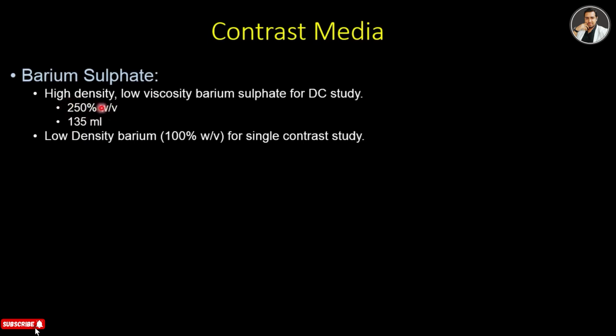Then it will make a 250% weight per volume solution, and from this solution we will use 135 milliliters of barium sulfate solution. When it comes to 100% weight per volume, that means we have to use 100 gram barium sulfate in 100 milliliters of water. So that's the thing that is described by weight per volume.